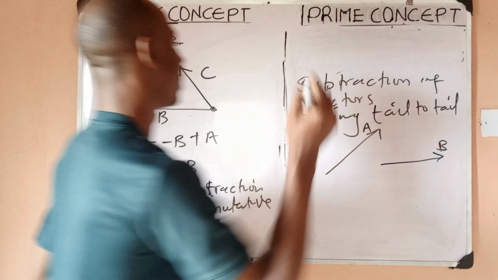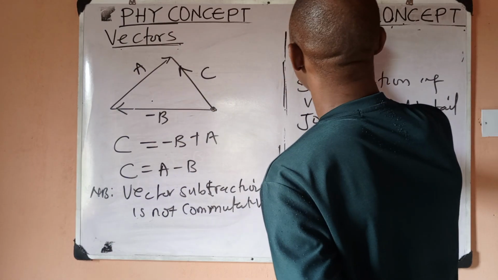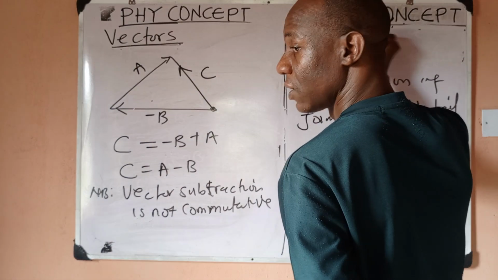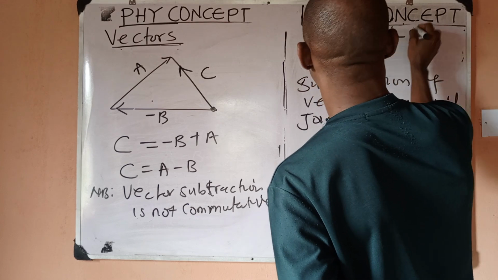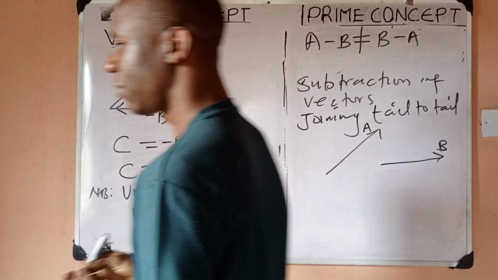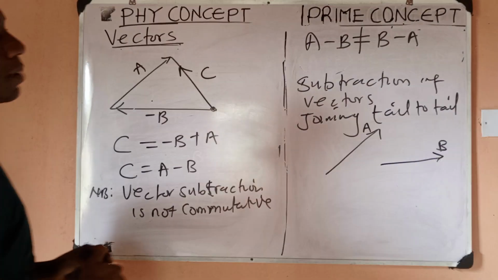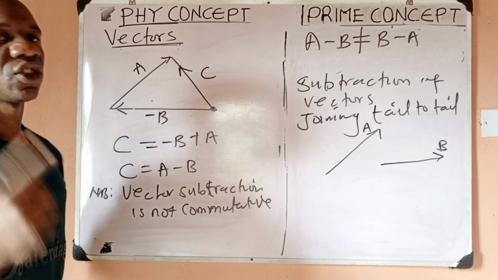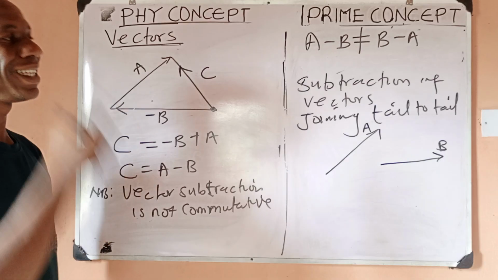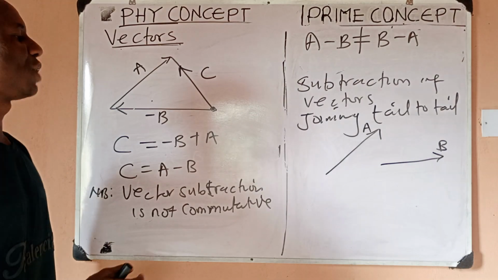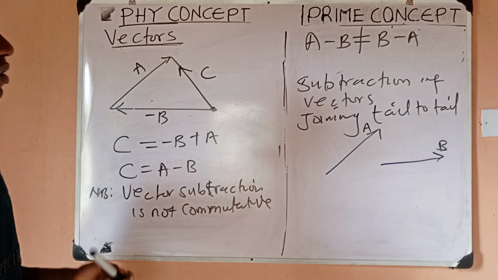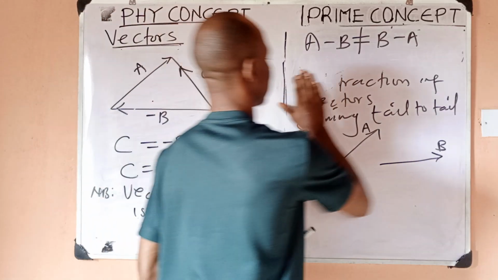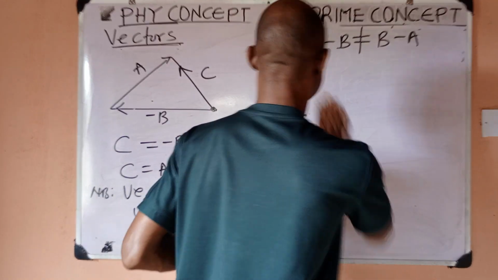What does it mean? It means that A minus B is not equal to B minus A. So it is not commutative, unlike in addition, where A plus B equals B plus A. For subtraction is not commutative. So A minus B is not the same as B minus A. So please take note of that. So I believe this is clear to you.